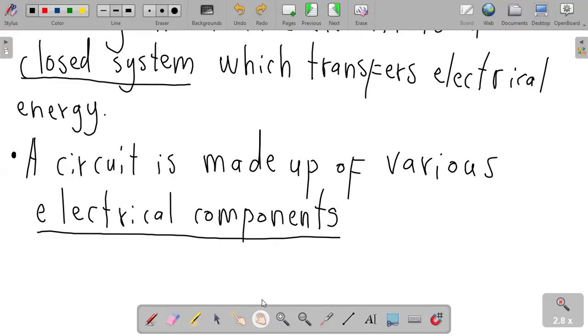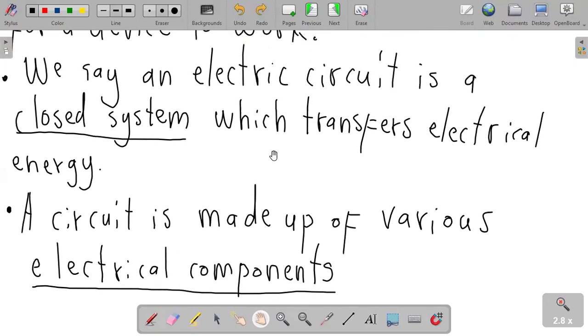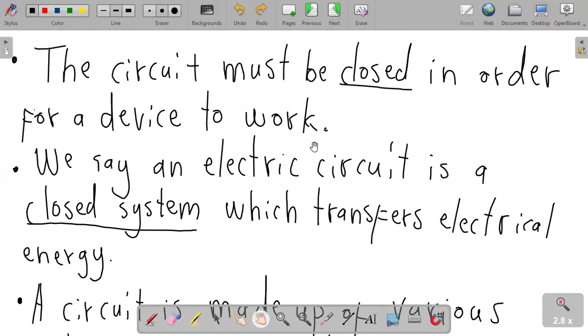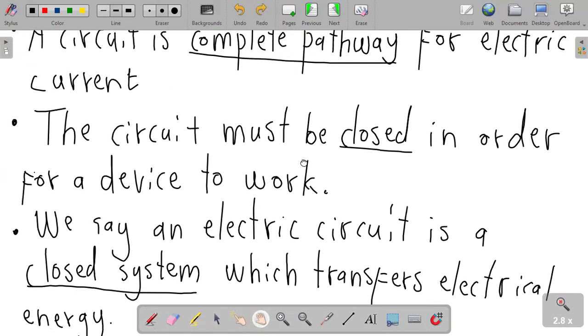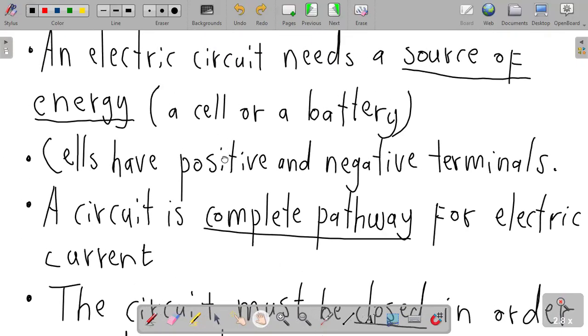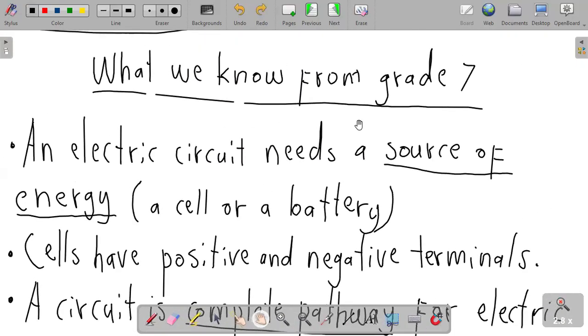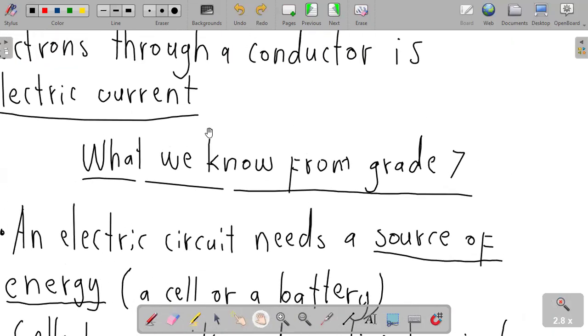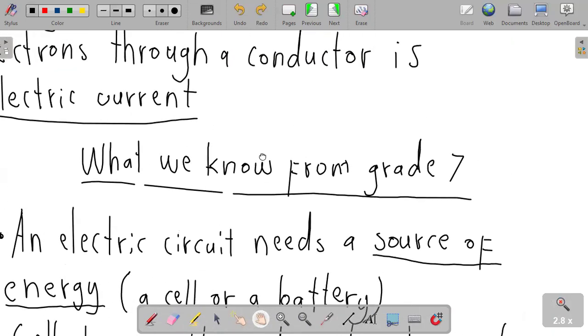This is just a small introduction and a small revision. This is what you need to remember from grade 7, and what we're going to use here.